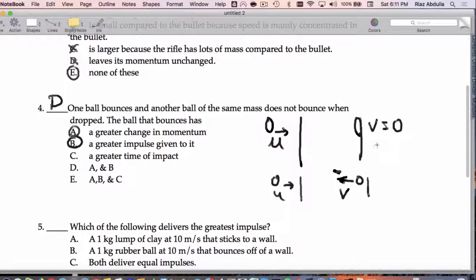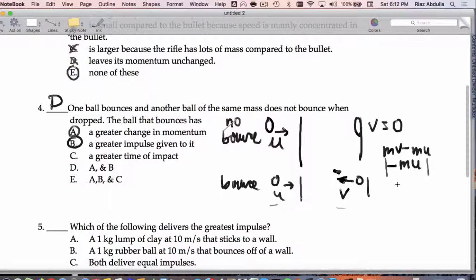So let's look at the impulse. The impulse here, mv minus mu, is going to be negative mv minus mu. When we calculate that, it's just going to be negative mu. Now, if we get the size of the impulse, that's mu total. Now, let's look at this change in impulse if we bounce. So this is no bounce, and this is bounce down here.